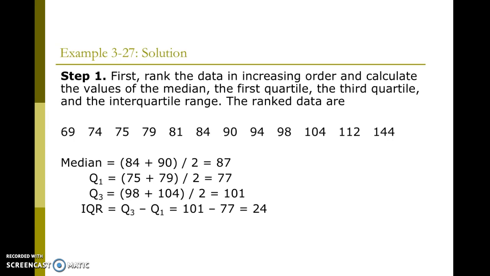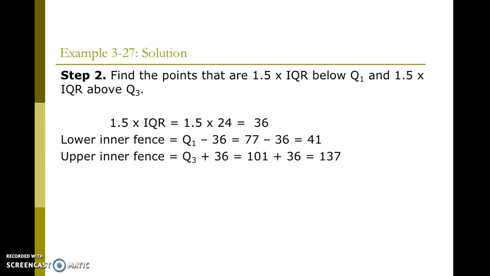Then what we're going to do is find the points that are 1.5 times the interquartile range below quartile 1 and 1.5 times the interquartile range above quartile 3. These are going to give us our lower and upper inner fences.